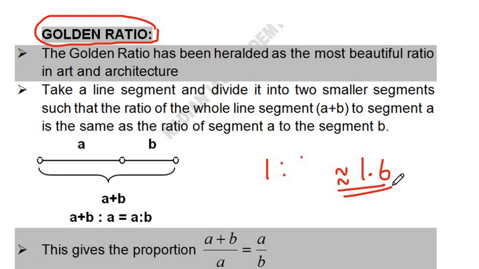You can find the golden ratio everywhere in the universe: on plants, trees, animals, galaxies. This is something similar to the Fibonacci sequence also. You all know the Fibonacci sequence. I'll explain this later.